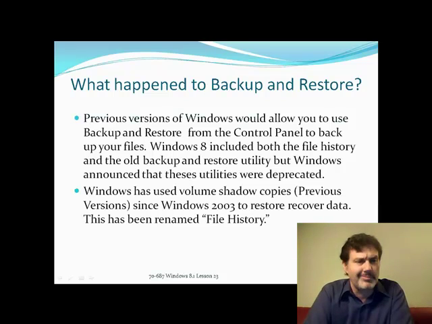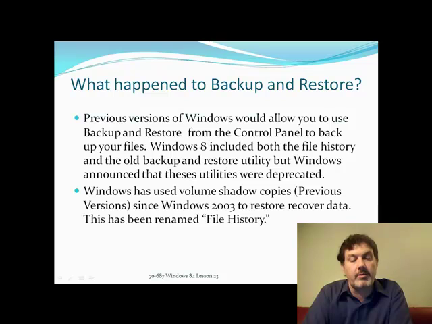So, what is file history? Well, Windows has used something called volume shadow copy for a long time. If you have ever worked in a server environment, you may recall all the way back to Windows 2003 when we first introduced volume shadow copy as a means of restoring previous versions of files and folders in our Windows Server environment. Well, actually we could do that in our client environments as well.